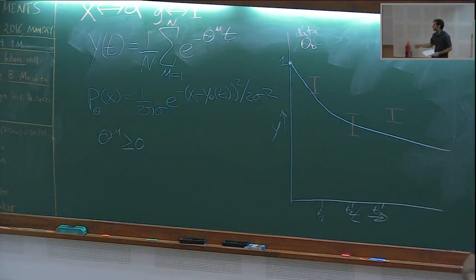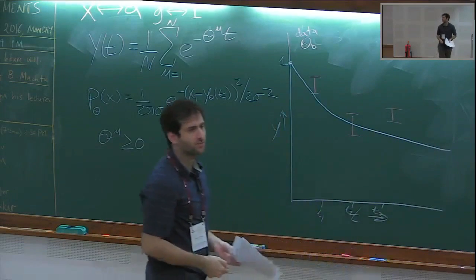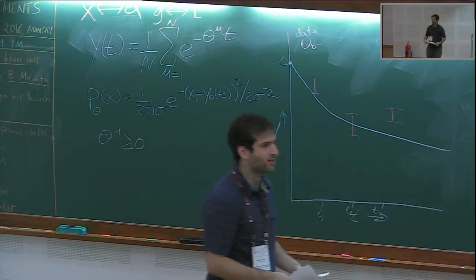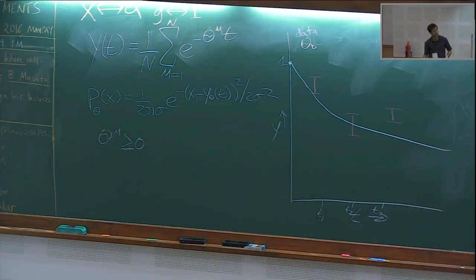And now what I want to start by doing is actually deriving the metric for this model. So we've done it before, but I'm going to start from a slightly different angle, and that's from the KL divergence. And I want to consider the KL divergence between two nearby models, P of theta and P theta plus delta theta.